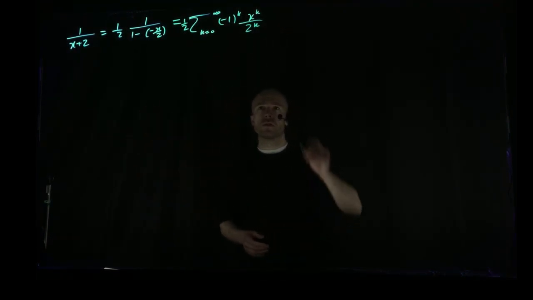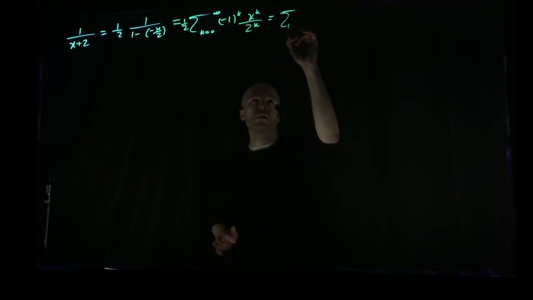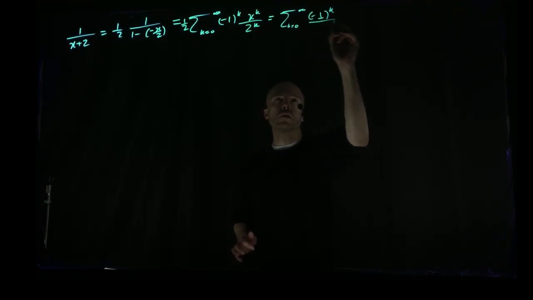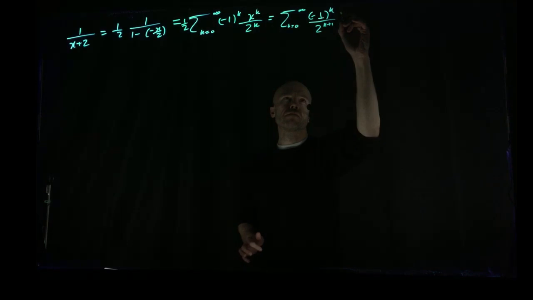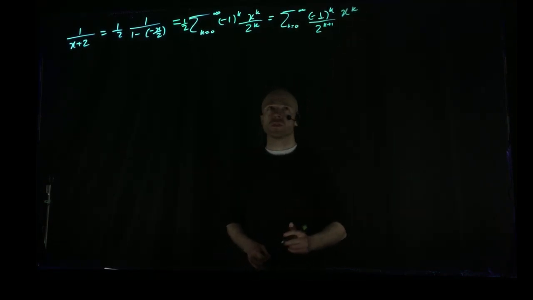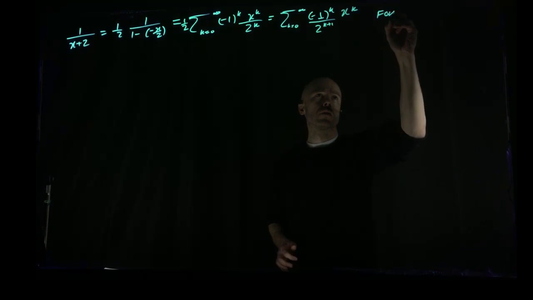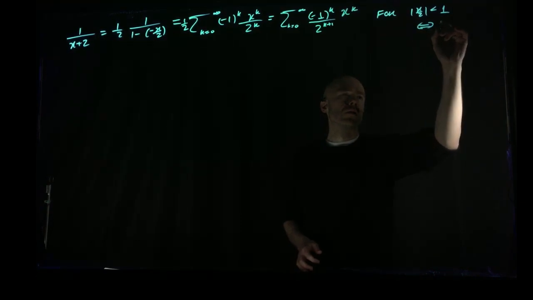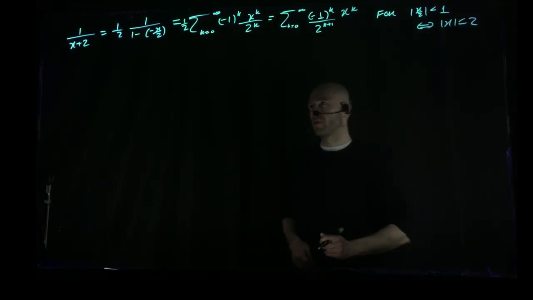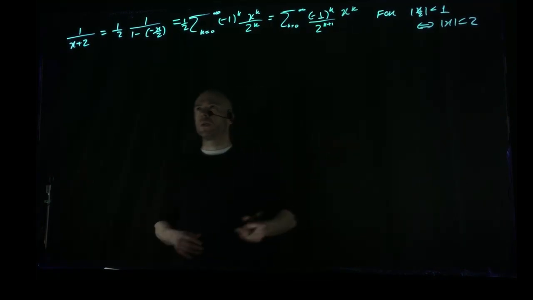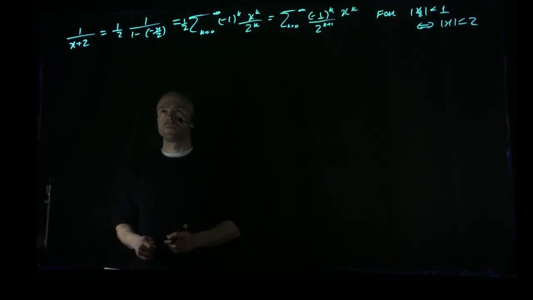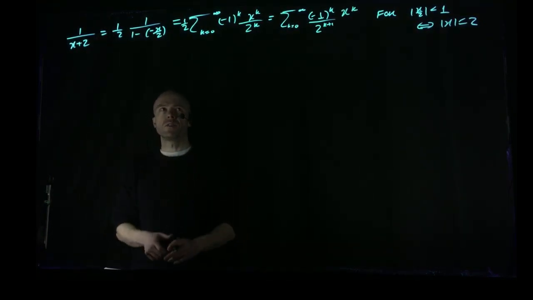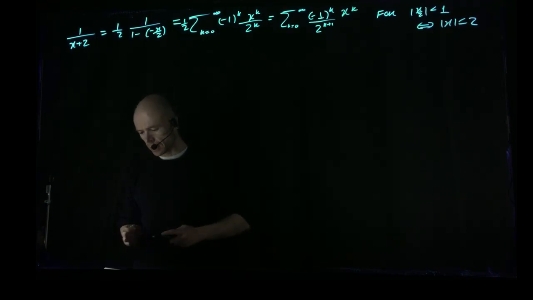Right, and then we're going to pass this 2 through. And that's it. So in this particular case, this representation holds true for every x strictly between -2 and 2. So even though it doesn't look that much like 1 over 1 minus x, just some simple messing around with the algebra gets us to that form.